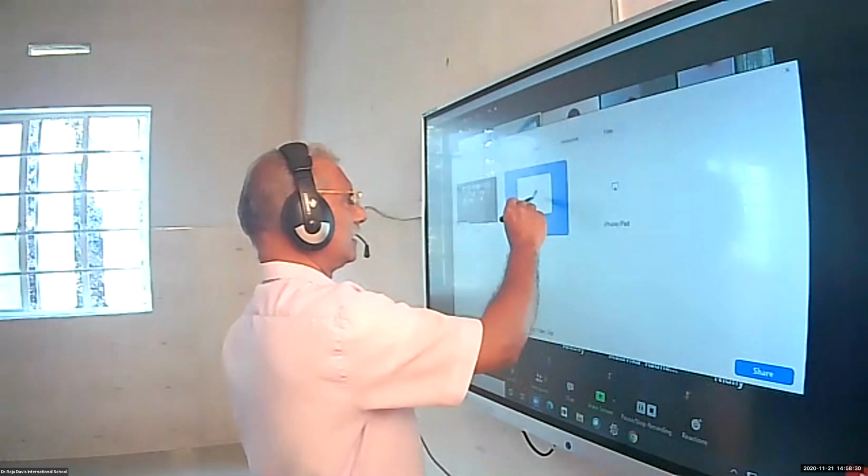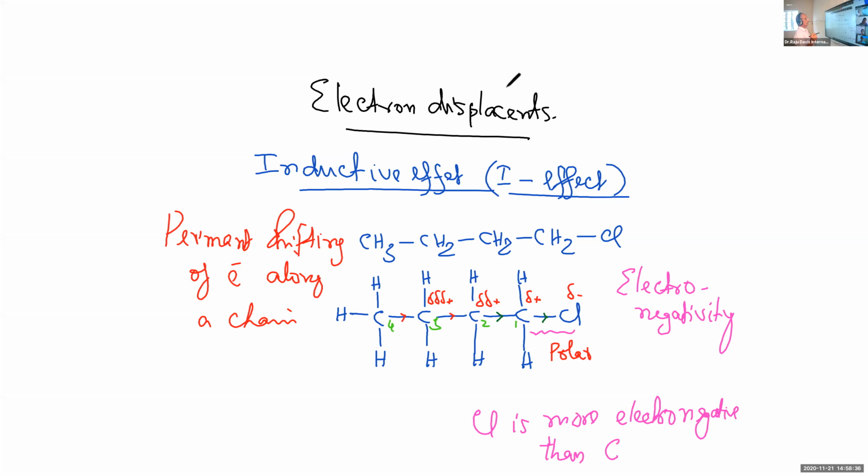Okay. You come to chlorine and the carbon again. Here, chlorine is more electronegative and it withdraws electrons. Electrons are pulled towards the chlorine atom, and it becomes negatively charged.